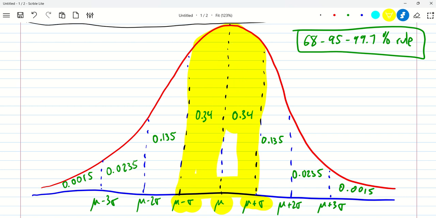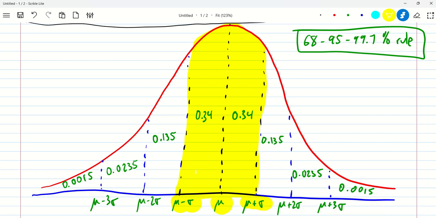If we are within one standard deviation of the mean, then that will equal 68% of the data. In other words, there's a probability of 68% that someone lies within one standard deviation of the mean. Hope that makes sense.